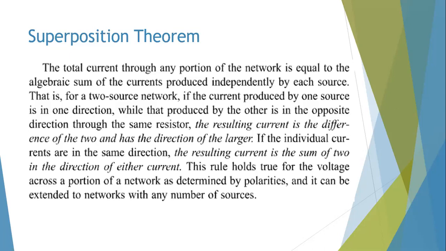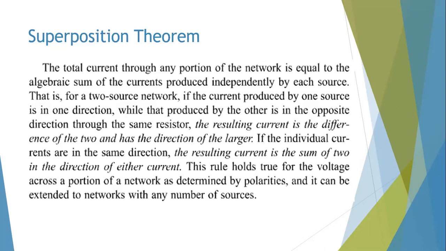So if you have a circuit with two sources, irrespective of whether it's a voltage or current source, and you want the total current flowing through a given resistor in the circuit, you have to take the algebraic sum of the currents produced by each source independently. That is, for a two-source network, the current produced by one source may be in one direction while that produced by the other is in the opposite direction for the same resistor, because at any point in time you're considering a particular part of the circuit.